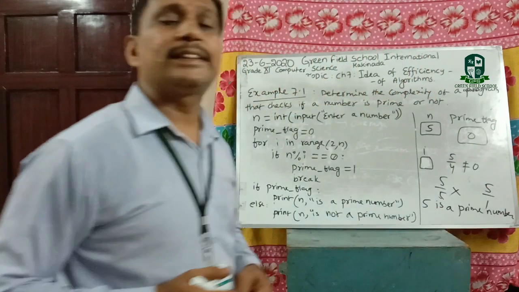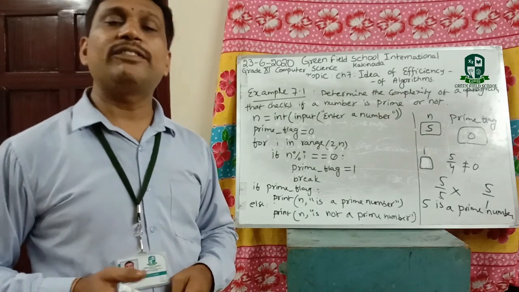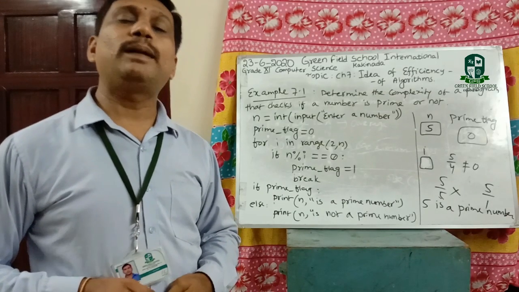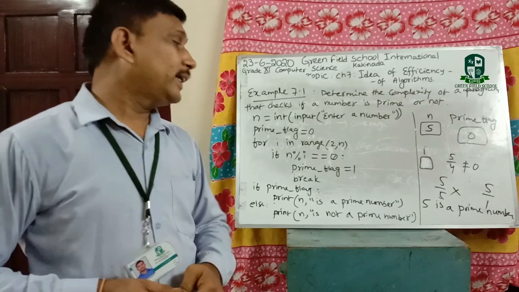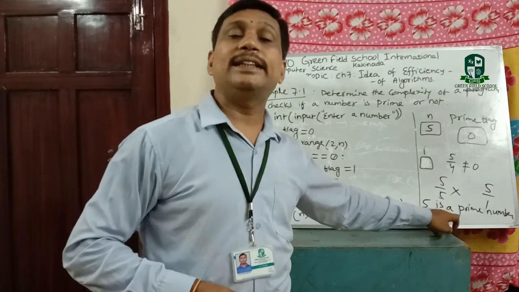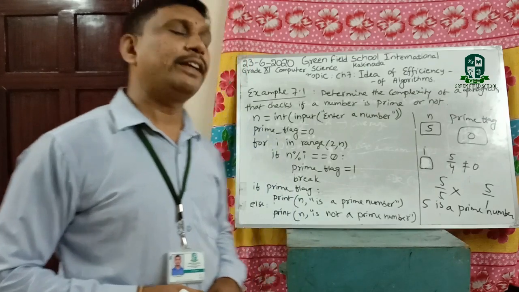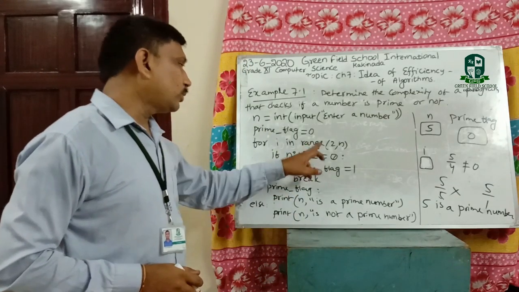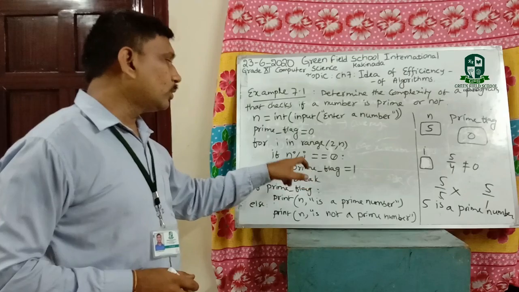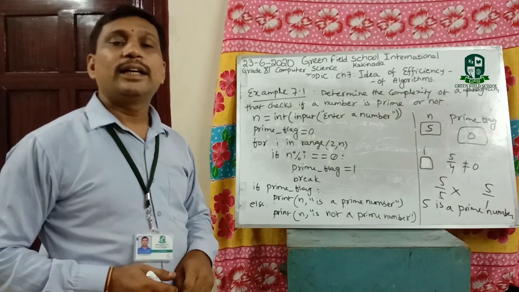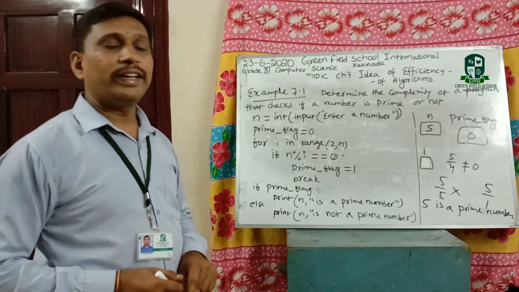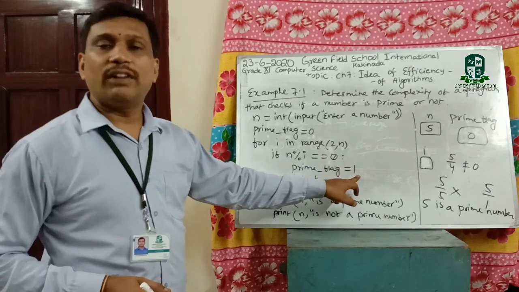Suppose I am taking 6. In place of n is equal to 5, we replace n with 6. Here it displays 6 is not a prime number. Why? Because when we divide 6 by 2, it returns remainder 0. That's why flag changed to 1.